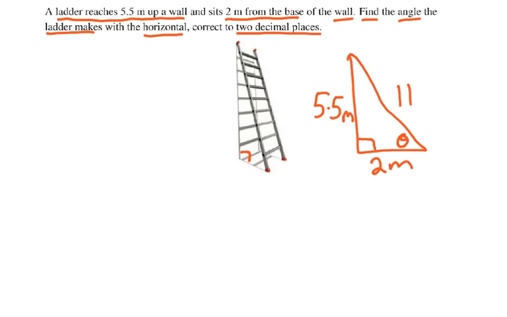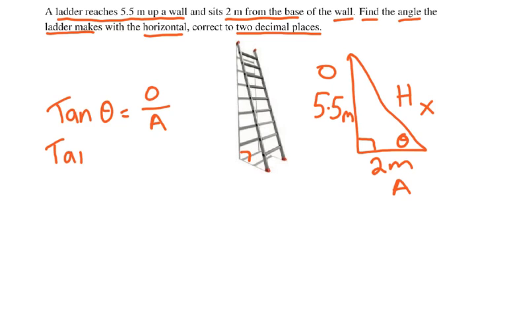So that's my hypotenuse, that's my opposite, and that's my adjacent. I don't want anything with the H in it. SOH CAH TOA, so I can't use sine and I can't use cos. So I'm going to use tan theta is equal to opposite over adjacent.